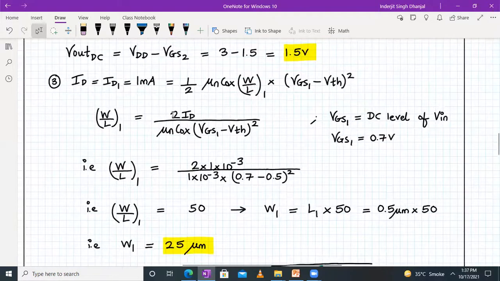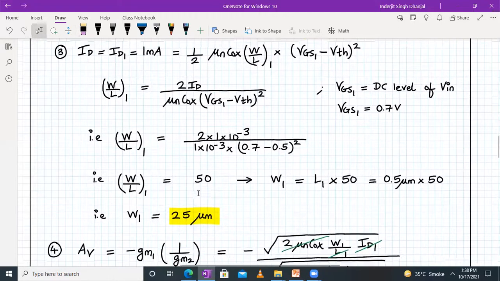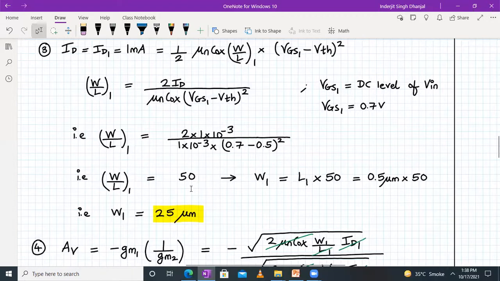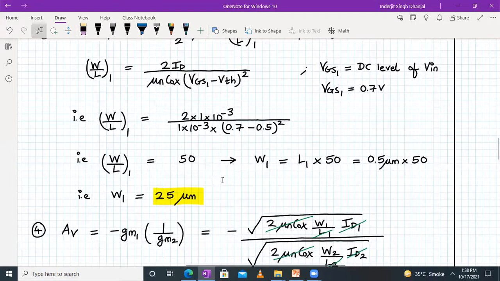Over here we have the value of ID, mu n Cox, which is 1 milliampere per volt square, and VGS1 is 0.7 volt, VTH is 0.5, so 0.7 minus 0.5 the whole square. If you plug in all the values in the calculator, you will get W by L of 1 equal to 50. Now, L1 is given as 1 micrometer, correct? So W1 will be 1 micrometer into 50, that will be around 25 micrometer. So the width of transistor 1 will be 25 micrometer.